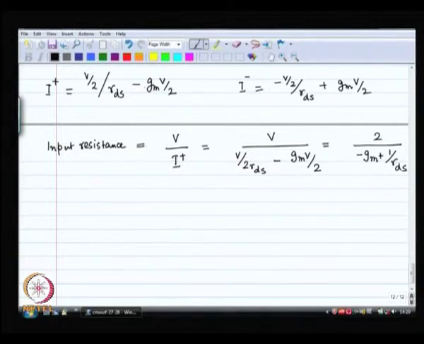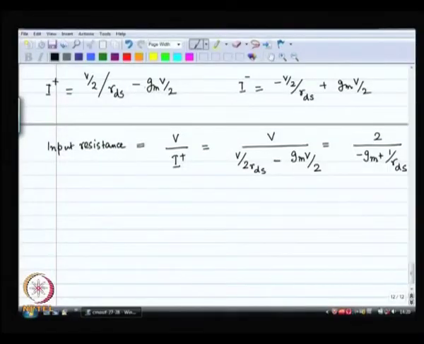Now, the good news is that if you have got any kind of a good transistor, then typical values of GM are going to be much larger than 1 by RDS. That is how you get gain from a transistor. GM times RDS has to be somewhat large, something like 20 or so. So, GM is going to be larger than 1 by RDS.